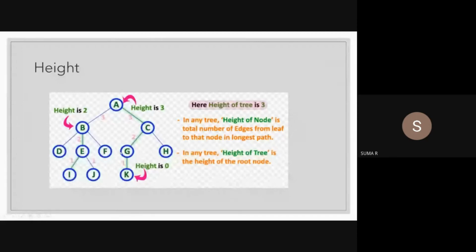So A to C, C to G, G to K is one of the paths. Okay, so A to C, C to G, G to K.